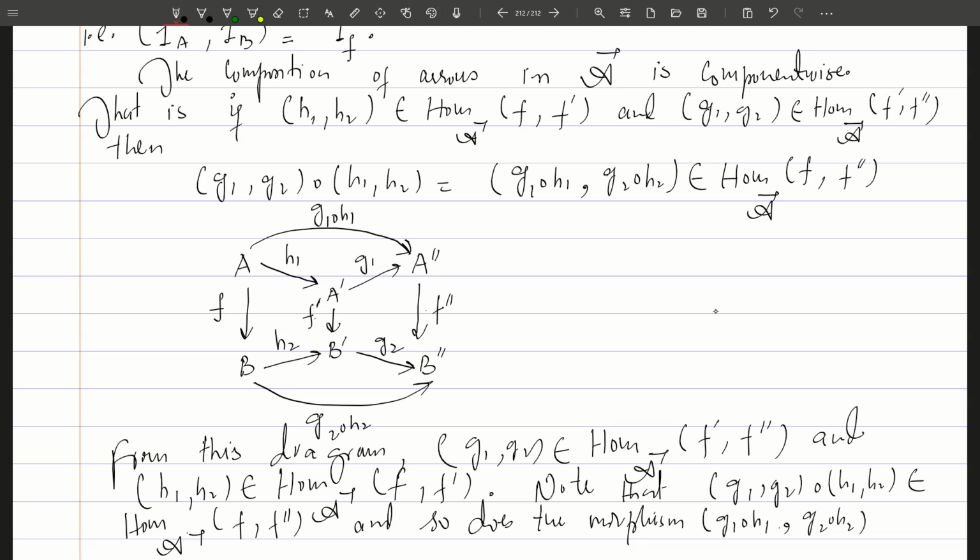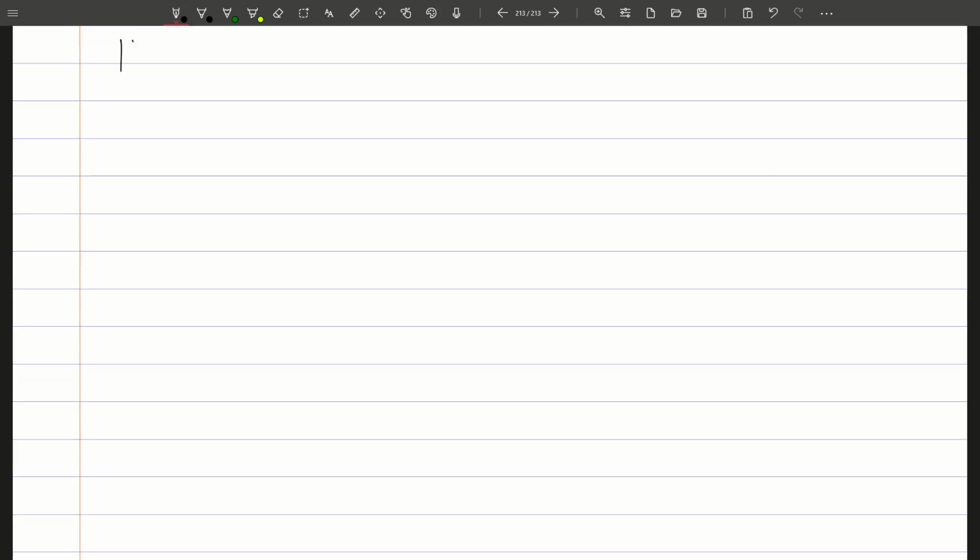So this again takes the object F to F double prime. Hence they must be equal. So this was the arrow category. Now let us define the slice category.